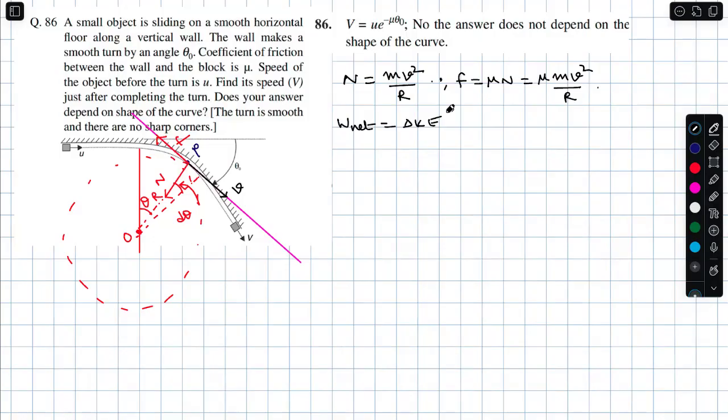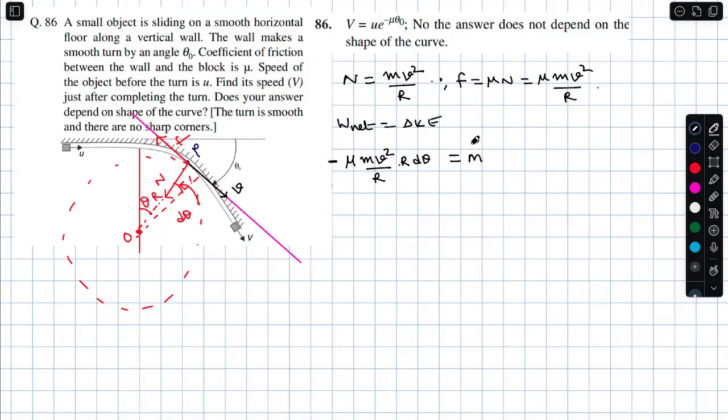At that point, the small work done, please understand, is minus mu mv square by r into r d theta. This is equal to the small change in kinetic energy, which is the differential of mv square by 2.